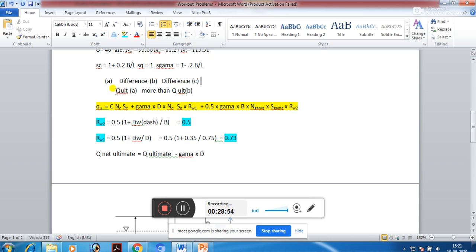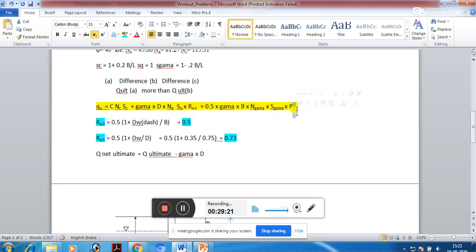Q ultimate A will be more than Q ultimate B. Previously this RW2 was 0.625 and RW1 was 1, so that was Q ultimate B. Now if you put this value of 0.5 over here, it will reduce more.